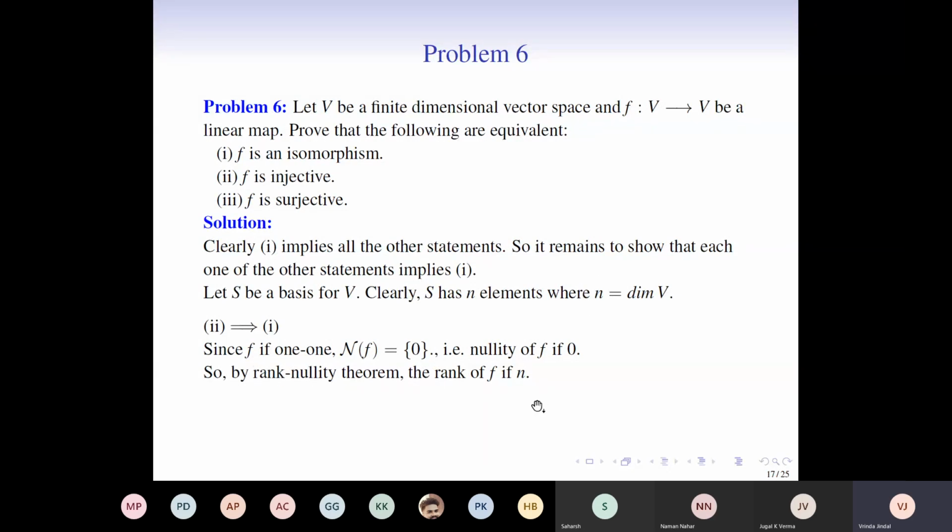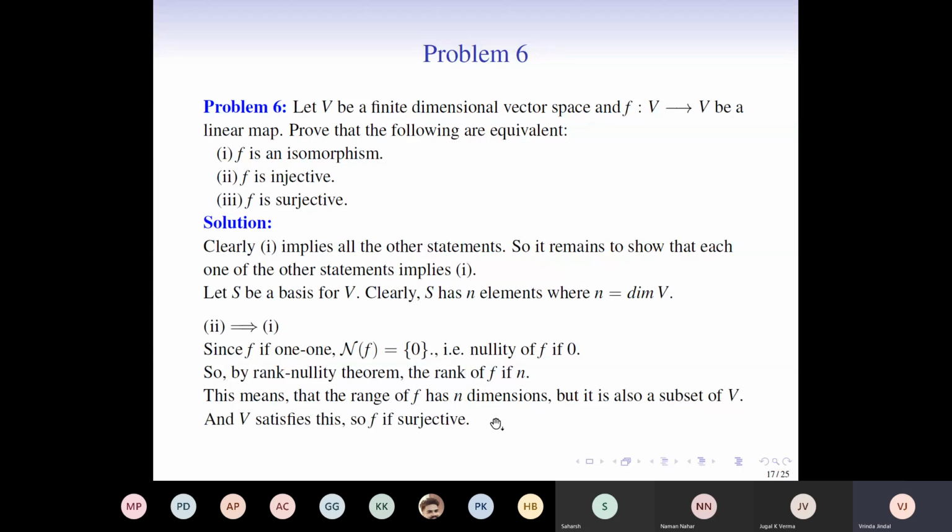So the rank of f is n. This means the range of f has n dimensions. By definition, rank means the dimension of the range of f. But the range is also a subset of V, and it has n dimensions. So this means that the range of f is itself V. The range of f being V means that it's an onto function.